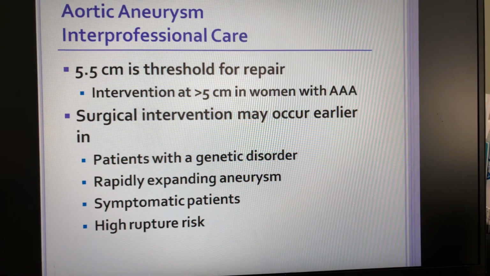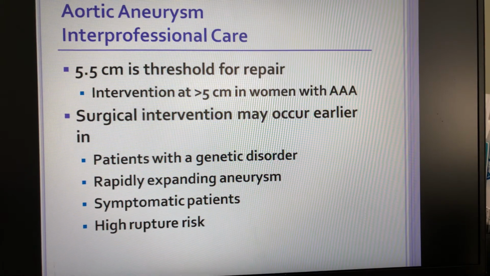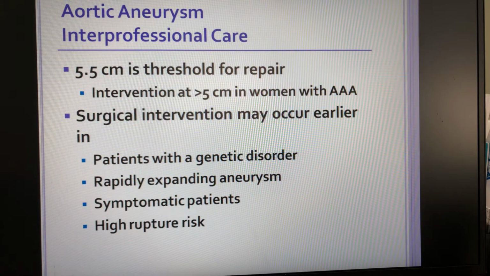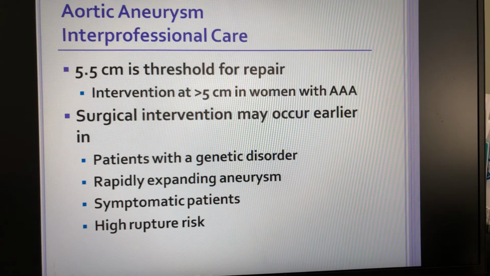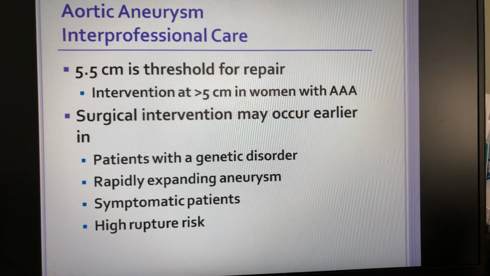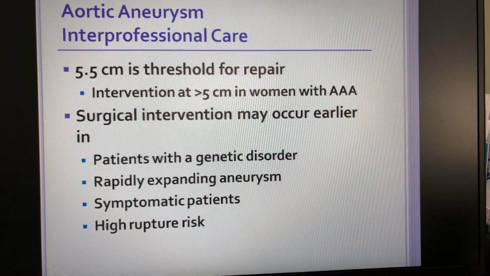Again, we have to do a careful review of body systems because that is necessary to identify any comorbidities. Again, especially paying close attention to the lungs, heart, and kidneys because they affect the patient's surgical risk, and correction of existing carotid or coronary artery blockages may be needed before they can actually do the aneurysm repair.